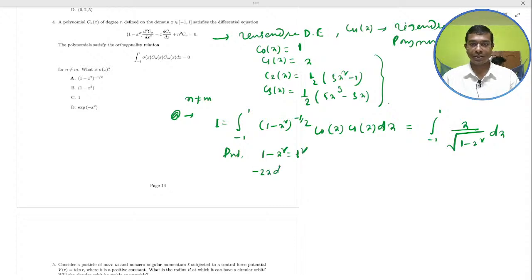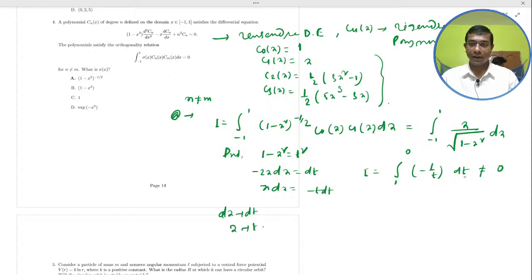That means 2x dx equal to dt, so x dx equal to minus t dt. The integral would become integral 0 to 0 of minus 1 by t dt, because we just do a variable change here from x to t. So the integral would become 0. This satisfies the condition, so 1 minus x square to the power minus half would be the correct option.